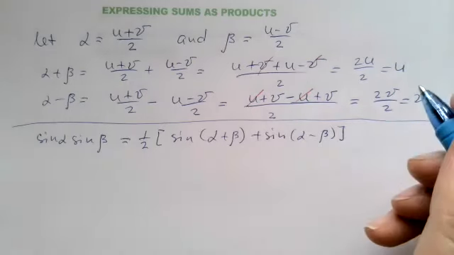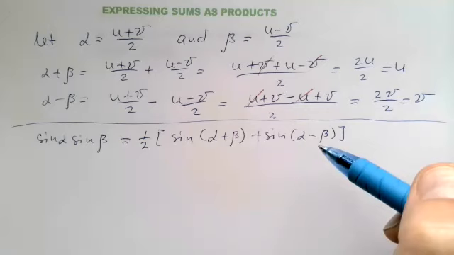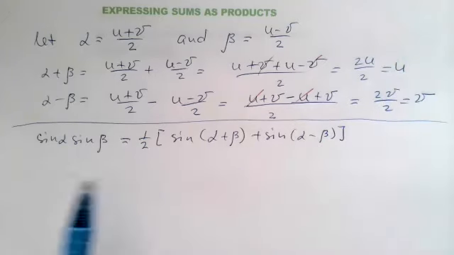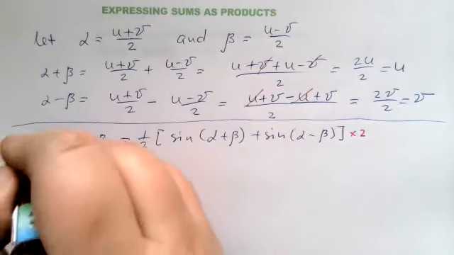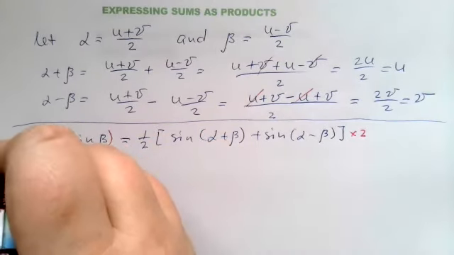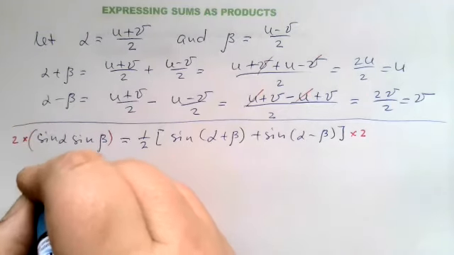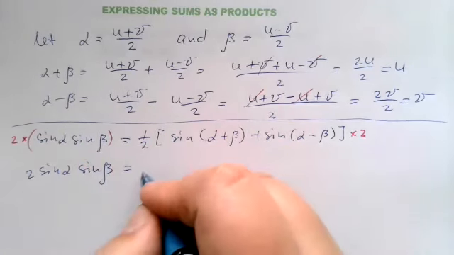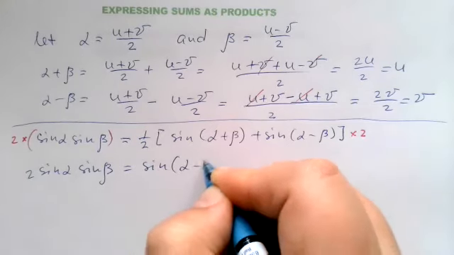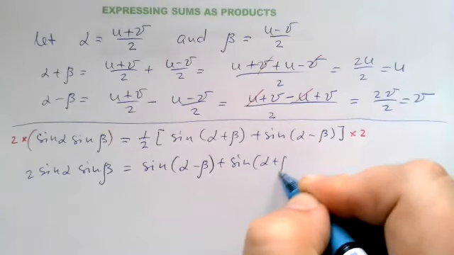First of all, we're going to multiply both sides by 2 to eliminate this 1/2. So we're going to have 2 sine alpha sine beta equals sine of alpha minus beta plus sine of alpha plus beta.